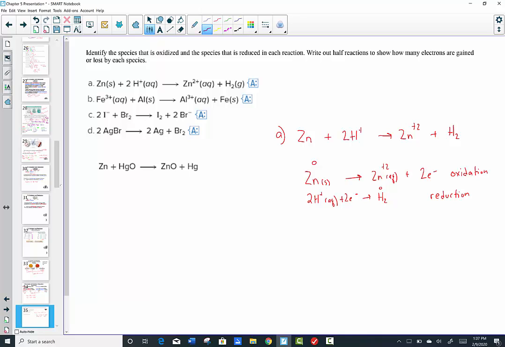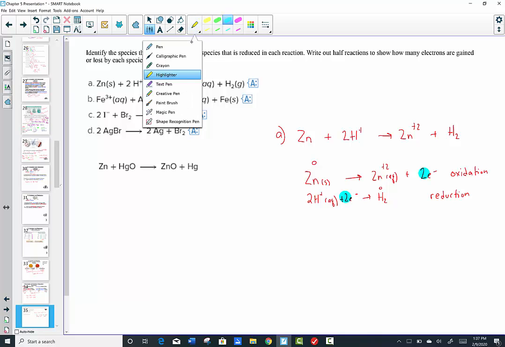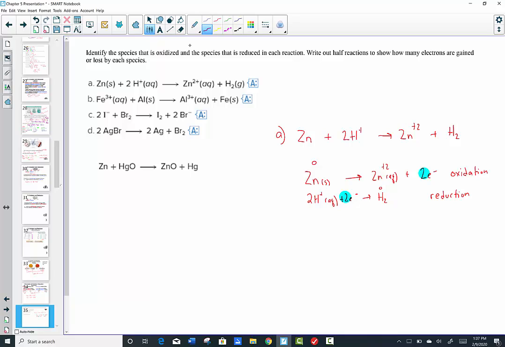Well, there's 2. And so in that particular part, we had a transfer of 2 electrons. Zinc lost 2, hydrogen gained 2. And what is being oxidized and reduced also gives you the agents. Since zinc is oxidized, it is the reducing agent. And since hydrogen was reduced, it is the oxidizing agent.